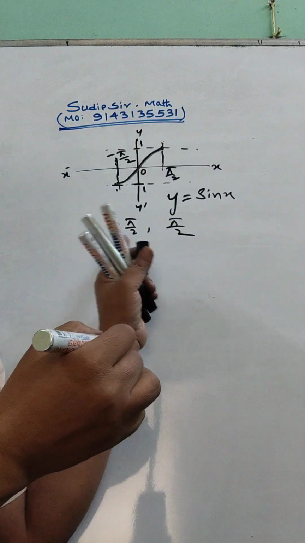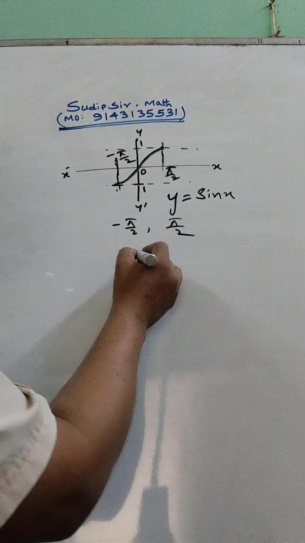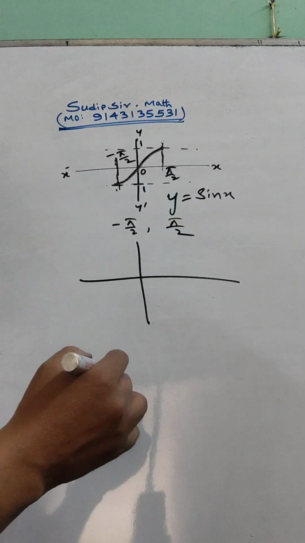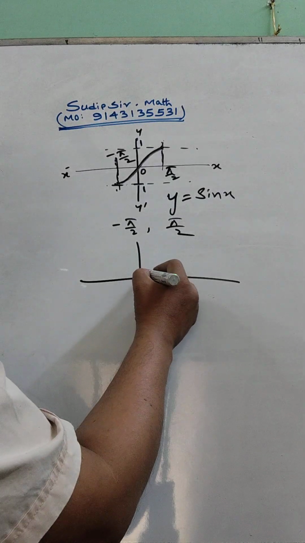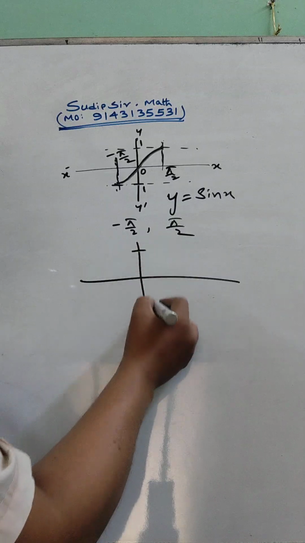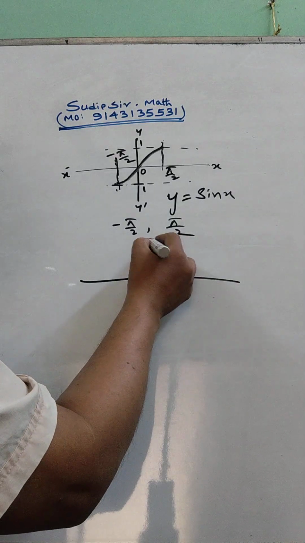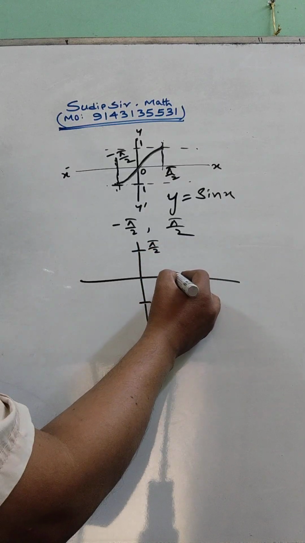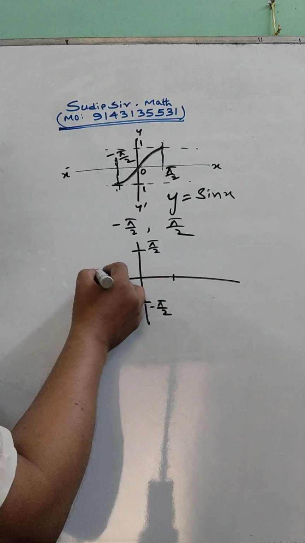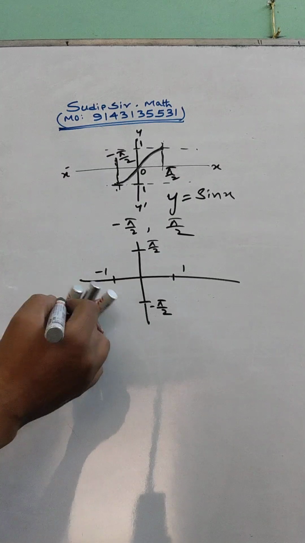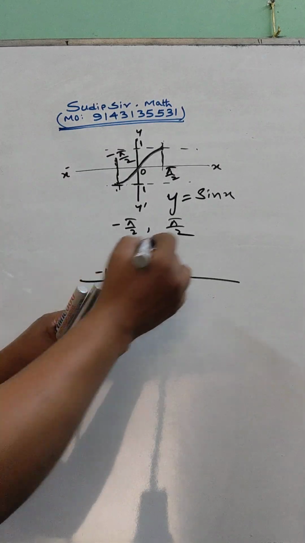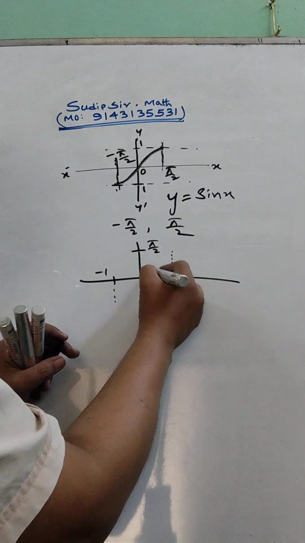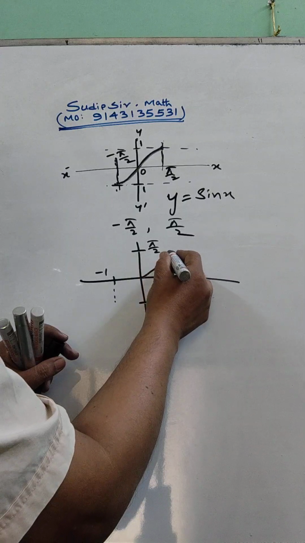And for the inverse, if y equal to sin inverse x, this is pi by 2 and this is minus pi by 2, and this is 1 and this is minus 1. So it will be like this up to here.